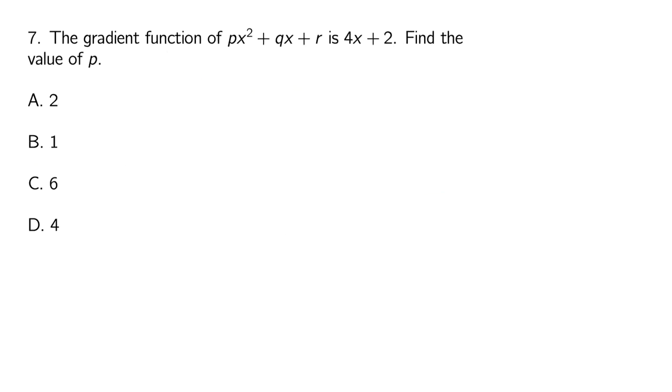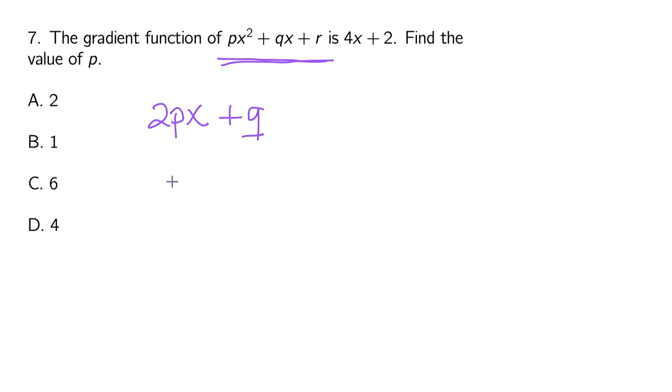The next problem is question 7, which says the gradient function of px squared plus qx plus r is 4x plus 2, and we're supposed to find the value of p. We can differentiate this quadratic. We get 2px plus q.